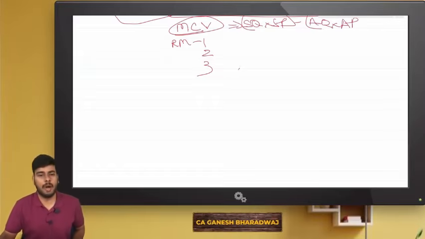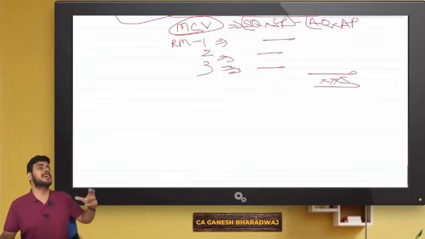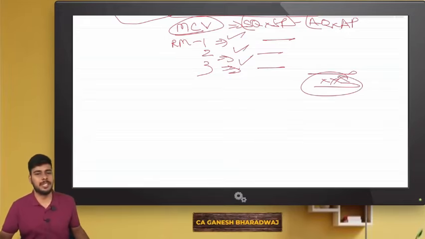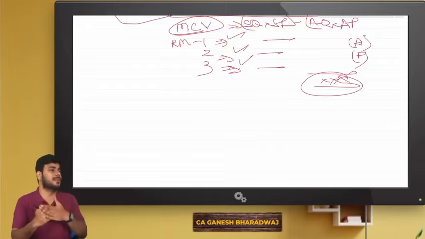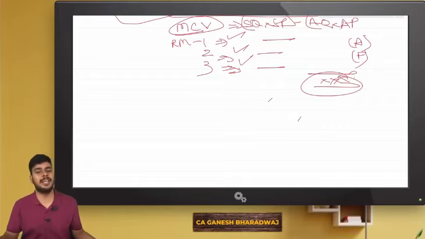I will do this first for raw material 1, then for raw material 2, then for raw material 3, and then add the total. If I get an adverse here and a favorable there, one is plus, one is minus, so you can net off and finally write out whether it's adverse or favorable.